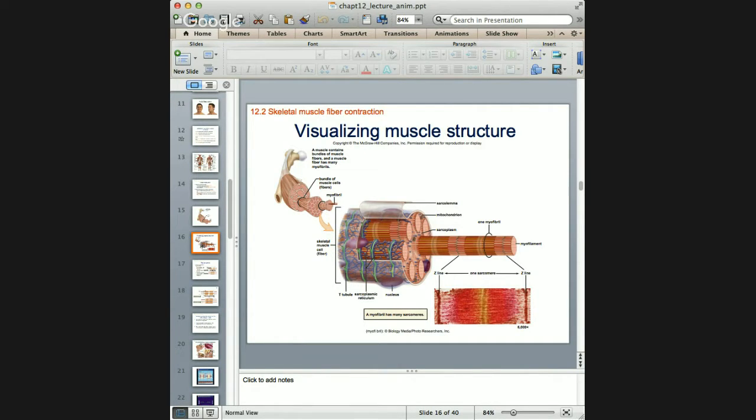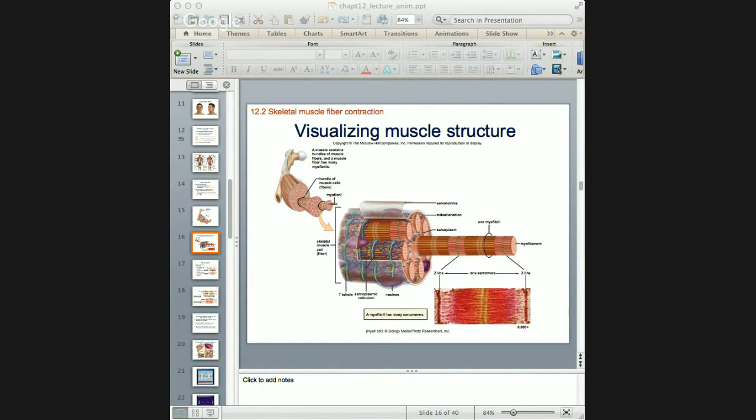Let me get back here. Yeah, look at that. See here? So this is a muscle cell, and inside each muscle cell, you have these myofibrils. These are bundles within the muscle cell.